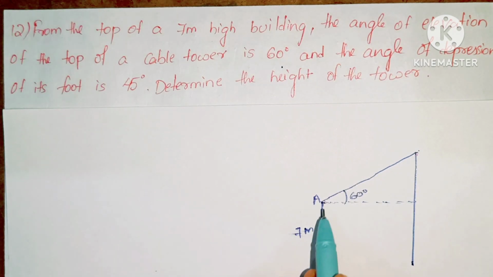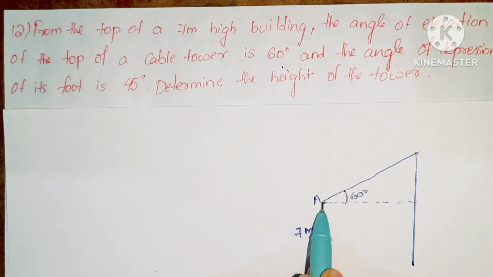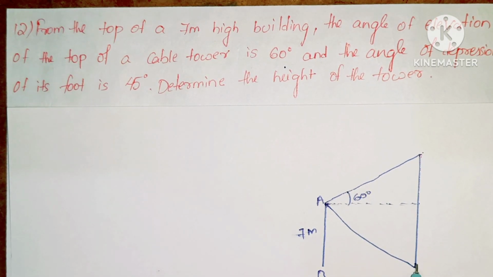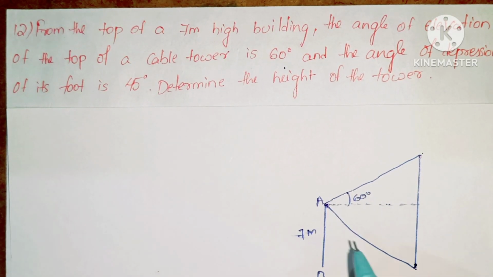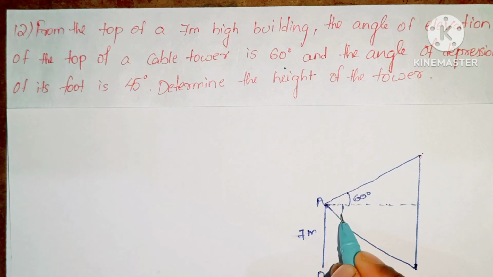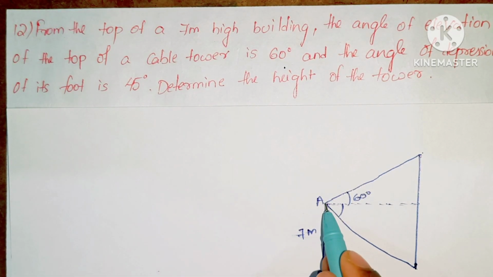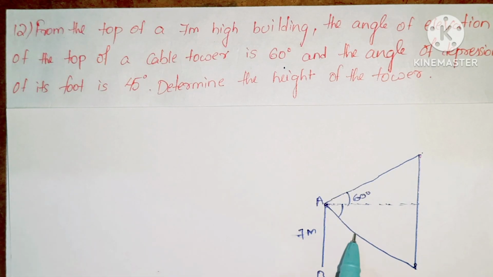Angle of depression means this person was watching in a downward direction. Angle of depression will always lie between the observer's eye and the line of sight.